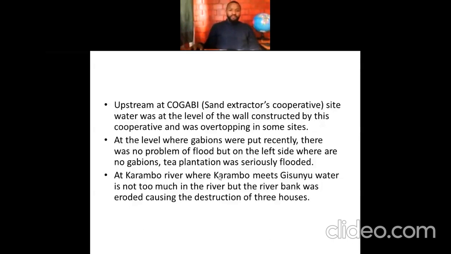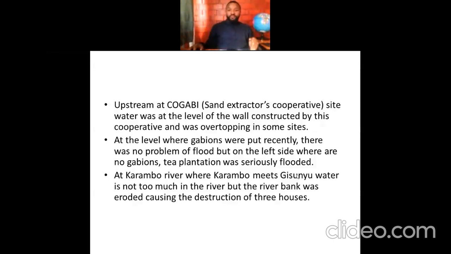At Karambo River, where Karambo meets the Nyusu River, water was not too much, but because of lateral erosion, houses that were close to the river were destroyed.